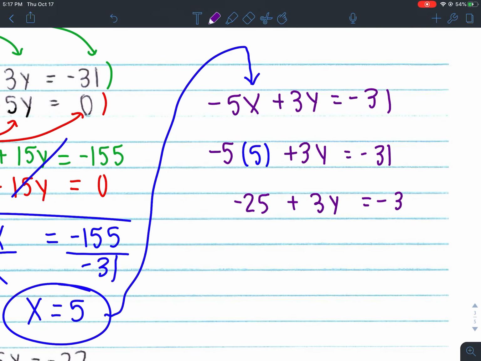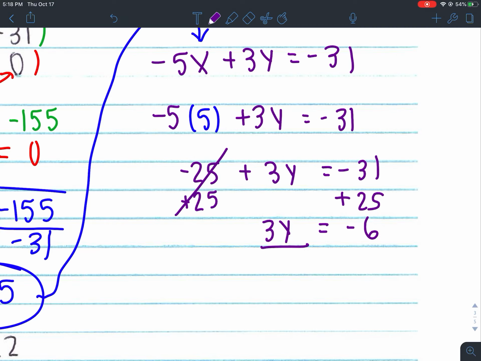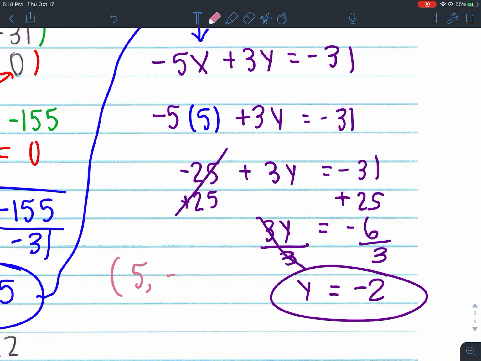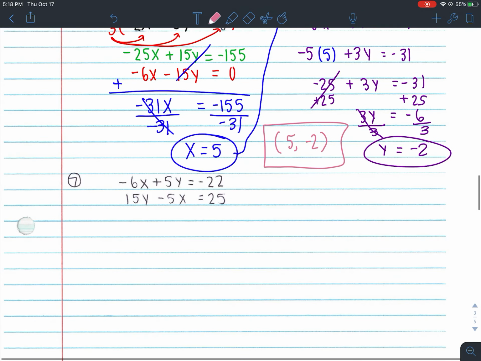Okay, I have negative 25 plus 3y equals negative 31. Plus 25 on both sides. 3y equals negative 6. Divide both sides by 3. I get y equals negative 2. All right, so our solution here is 5 comma negative 2.